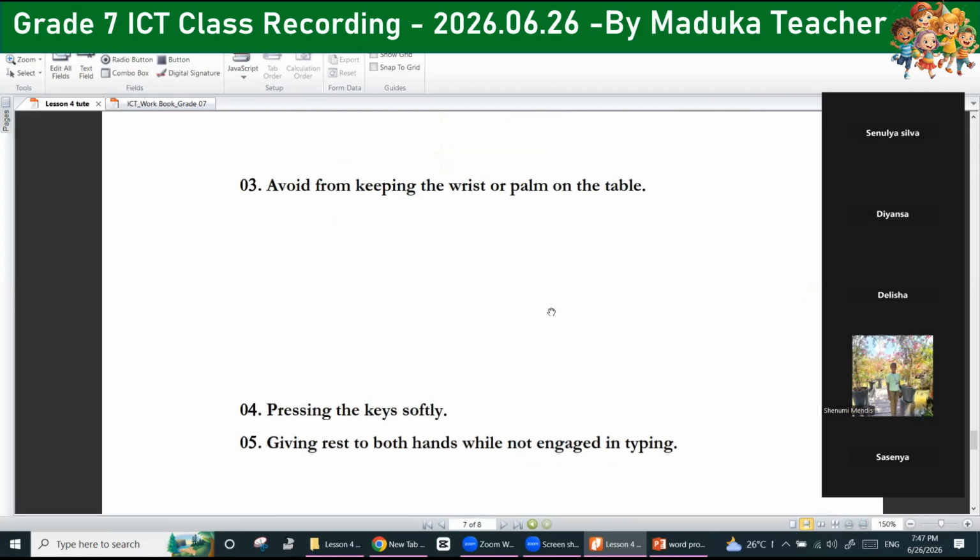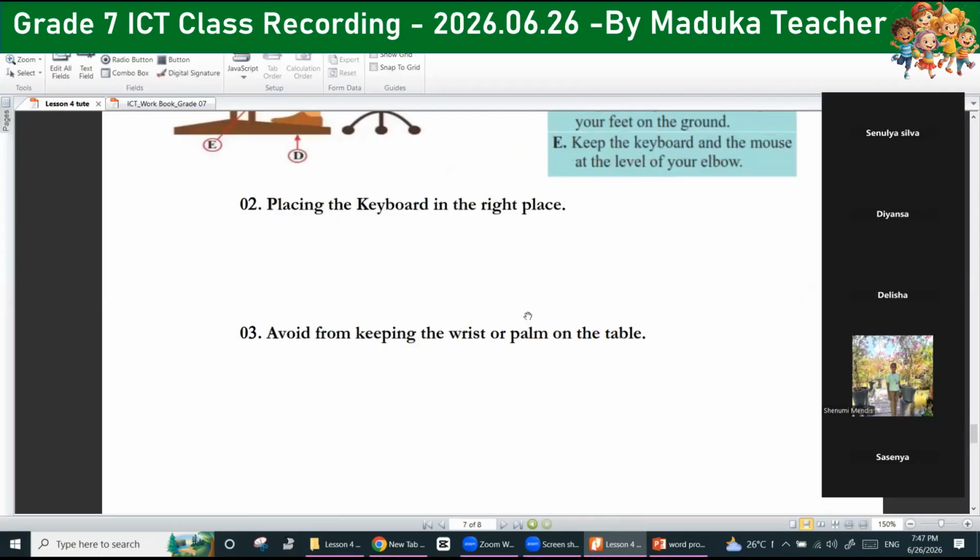Shanami is not answering, so Dilisha, could you please answer me? What's the correct place to keep our keyboard? Yes? Tell me quickly.